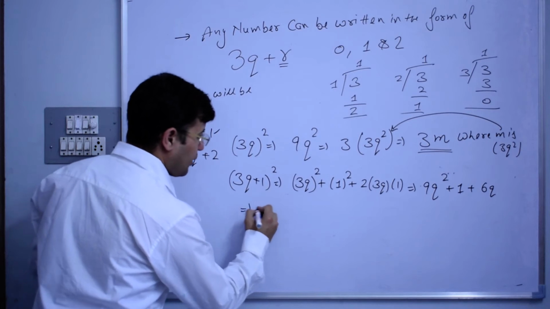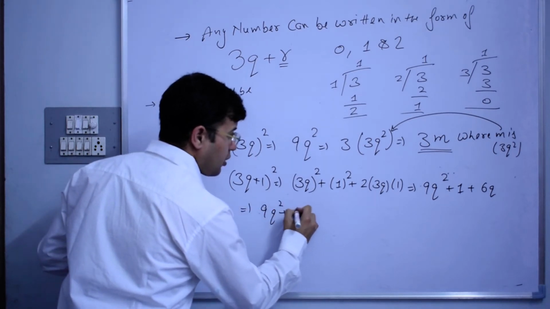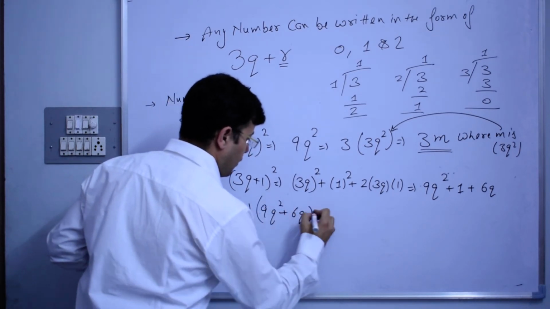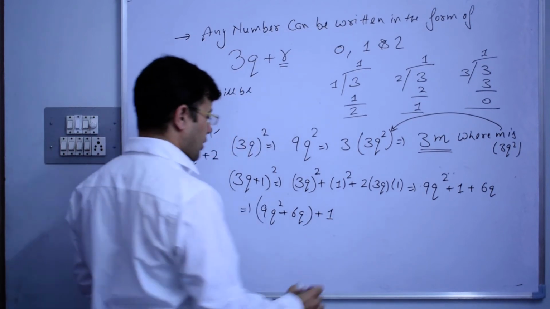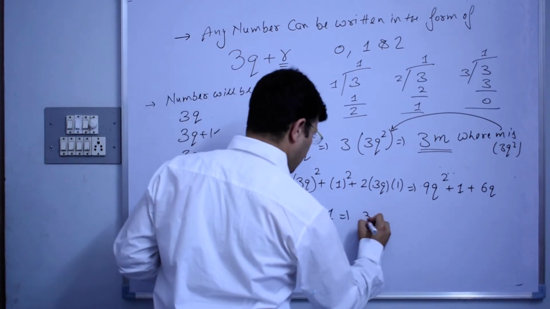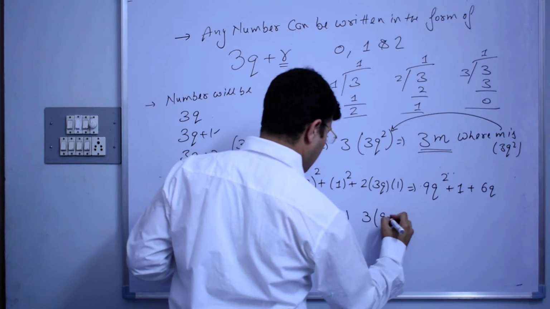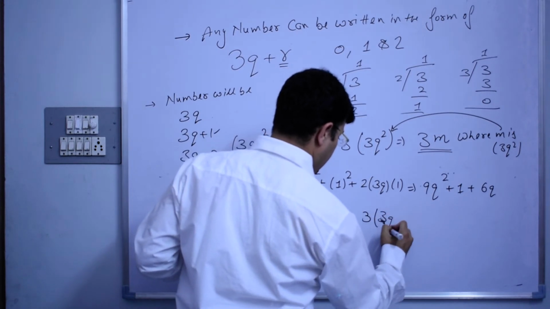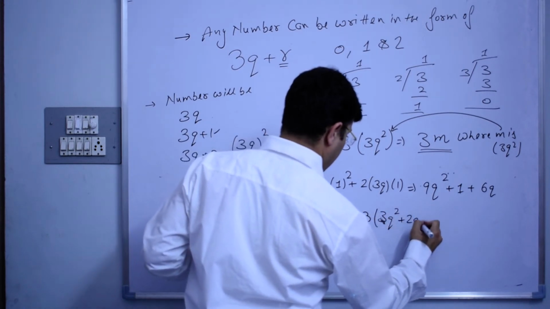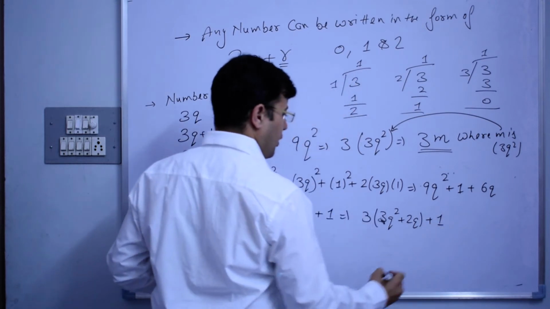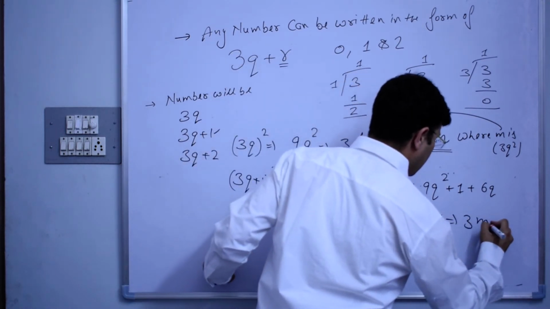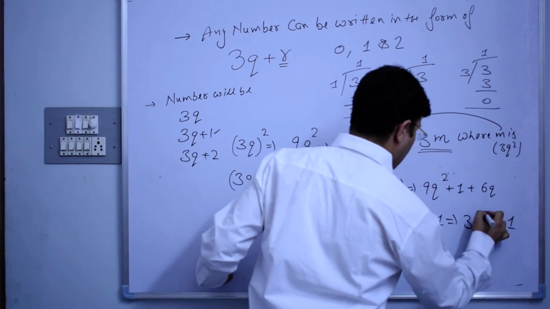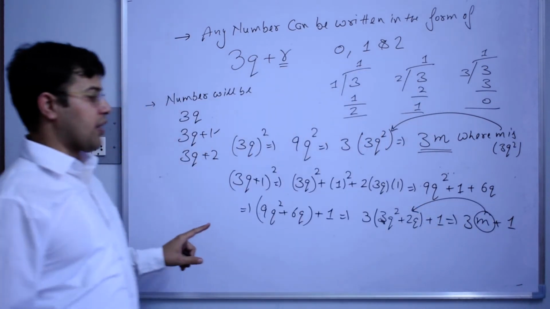I'll rewrite it again, 9q square plus 6q in one bracket. Let's leave the 1 outside. Let's take 3 common out from here. This will be 3 into 3q square plus 2q, plus 1. Now I will rewrite it as 3m plus 1, where m is this particular bracket.